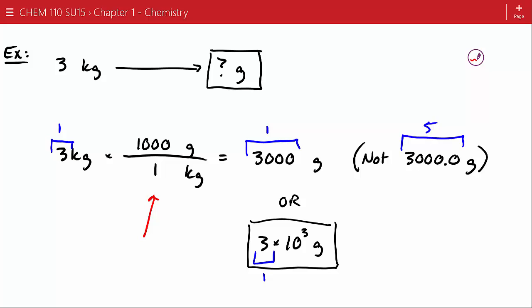If it's defined, meaning like 12 eggs in 1 dozen, you don't need to include sig figs or worry about sig figs in that case. You only worry about sig figs with units that are measured. So this one is defined, not measured. So we don't count sig figs.